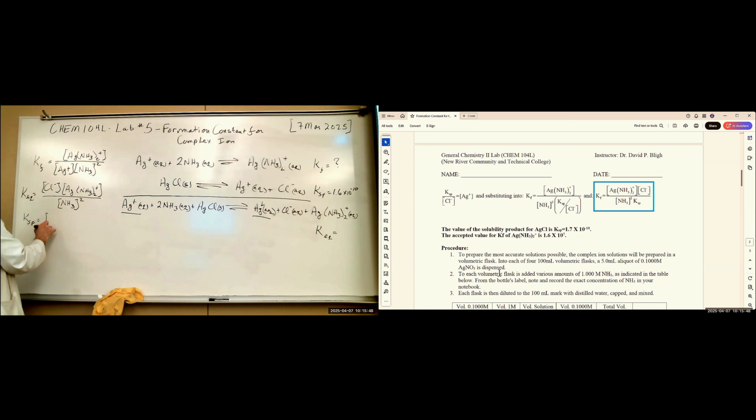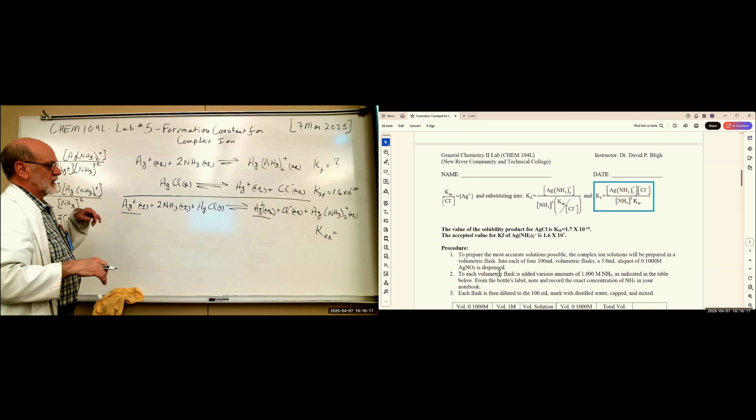The KSP for silver chloride is simply the solubility product here. All right, here's what I'm going to do.